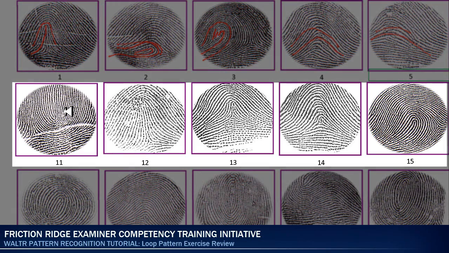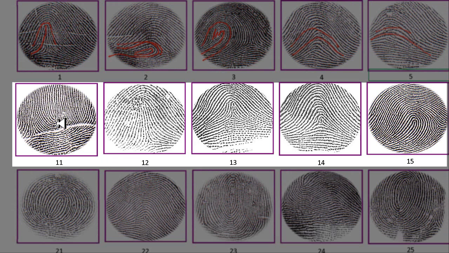Okay, let's go to number 11. Now this is definitely not a loop. It's not a plane arch nor a tinted arch, so we don't know what that is yet. Number 12, fairly clear to see a tinted arch. Number 13, again, we have that tinted arch formation.